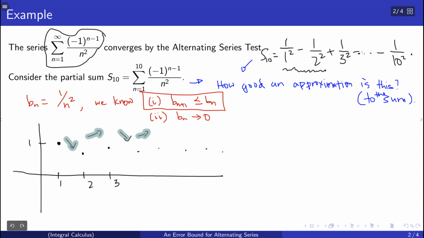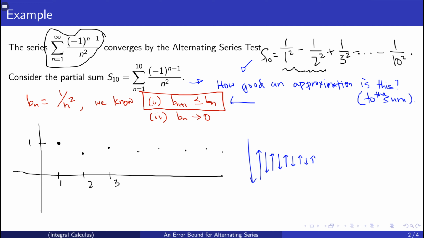How does this help us in using this partial sum as an approximation? Because of this first property, that each term is getting smaller and smaller, you can pretty much approximate where the actual sum of your series is if you simply look at the next term. Look at my drawing over here.